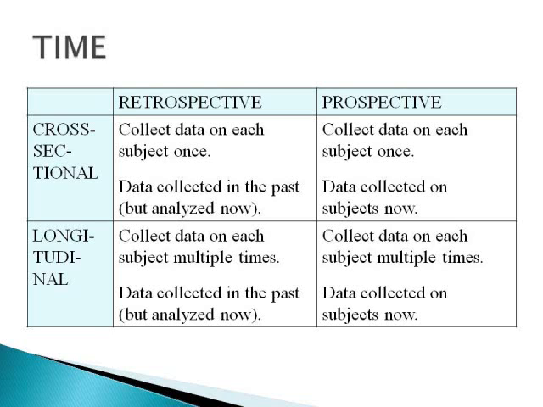The third one is prospective and cross-sectional. Remember, prospective means now. We, the researcher, are actually going out and interacting with the individual and collecting data. Because it's cross-sectional, we collect it once on them. Then there's prospective and longitudinal. Again, we as the researchers are collecting data.